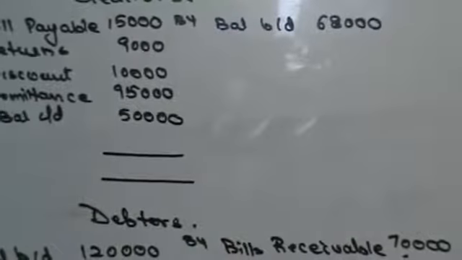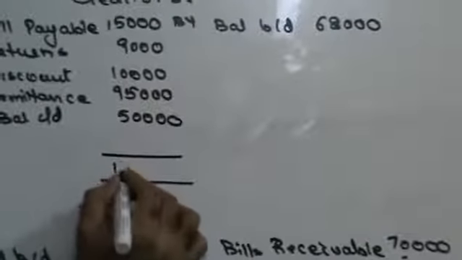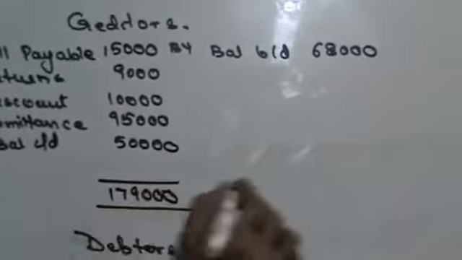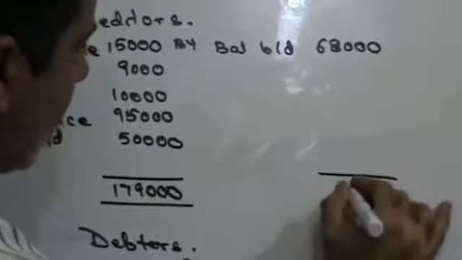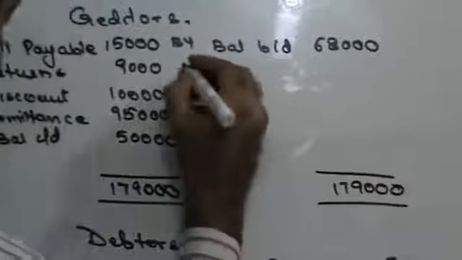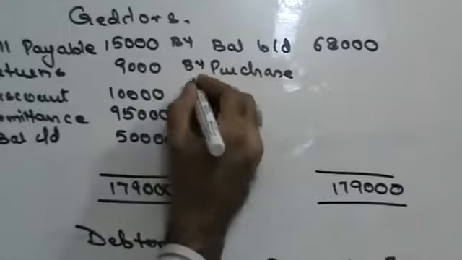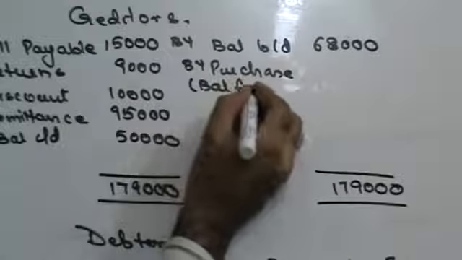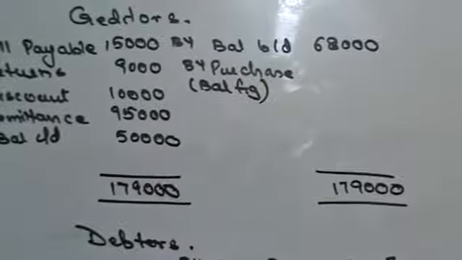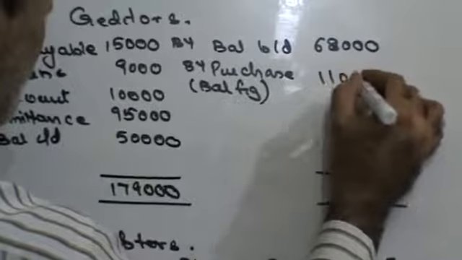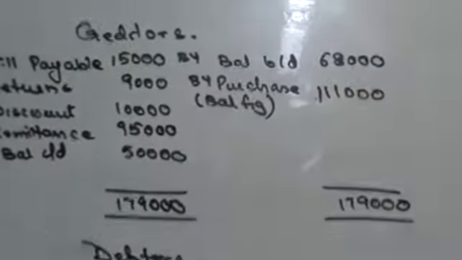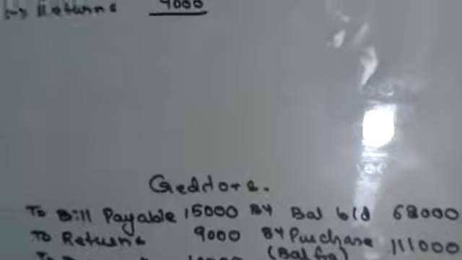This is going to be 1,79,000. This is 1,79,000. The difference is going to be by purchase. This is going to be my balancing figure. Purchase amount is going to be 1,11,000. Second effect of this, trading account, 1,11,000.